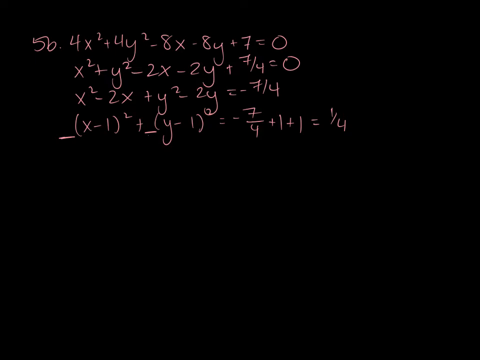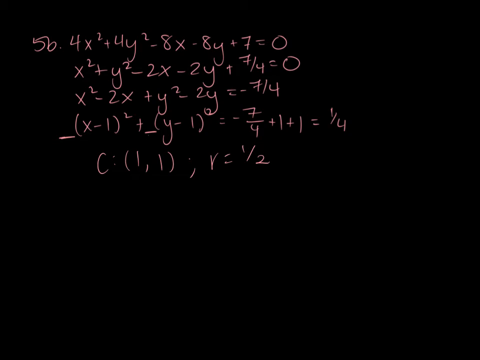If I didn't have a constant of 1, and say this one was 1 and this one was 3, it's not a circle anymore, because a circle is equidistant from the center everywhere, whereas an ellipse is not and a hyperbola is not. So my center of my circle is 1, 1, and my radius is 1/2. And that's it. That's how you figure out the equation of the circle.